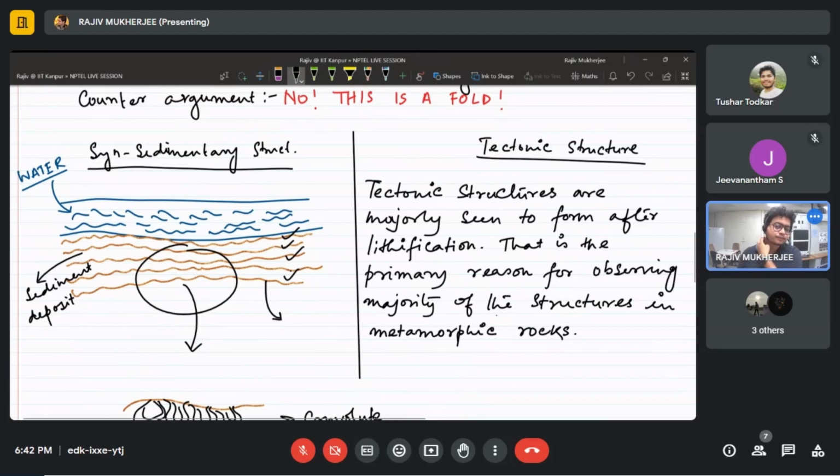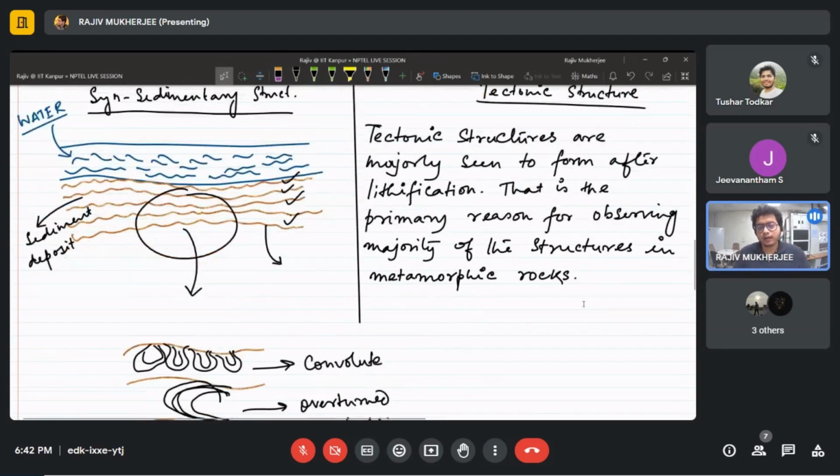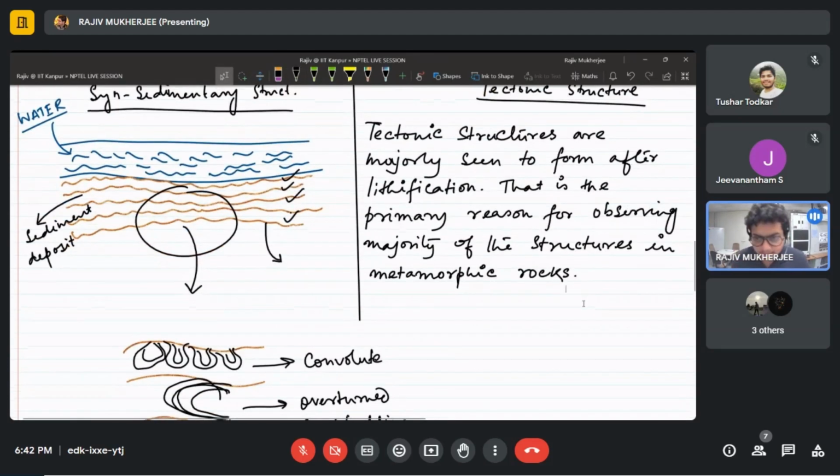Okay. Then how have these structures formed? Now see, there are layers of rocks, right?